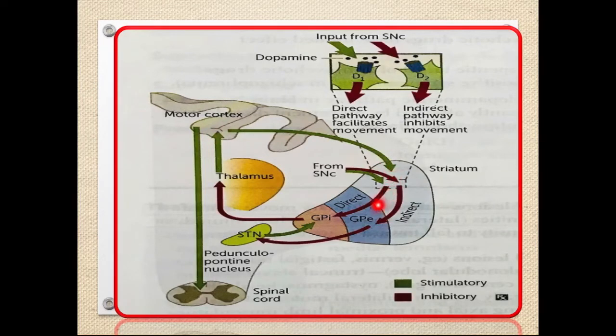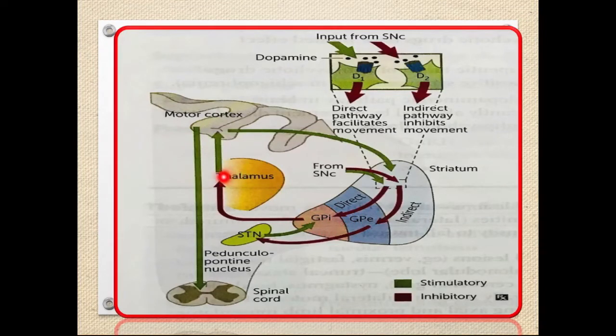From the striatum it goes directly to the globus pallidus internus. See, this was the thalamus. Below the thalamus is the subthalamic nucleus. The outer part is the striatum. Like there was the putamen, and up to this point there was the caudate. So in this diagram they have collectively shown it as the striatum, and these two parts are the globus pallidus. The outer is the externus part, this is the internus part.